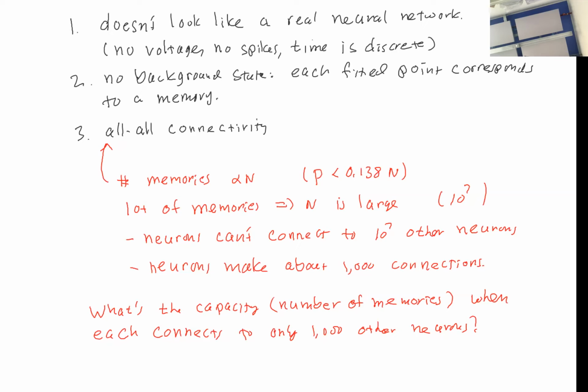The first thing we're going to do now is consider the same network as before. So again, S_i of t plus 1 equals sign, sorry, sine of the sum on j of J_ij S_j of t. So the exact same structure to the network.